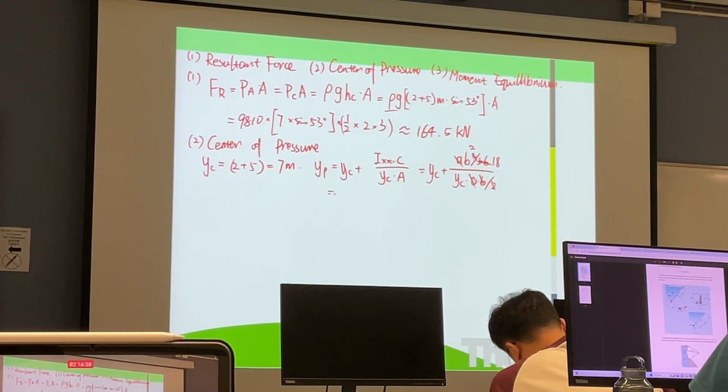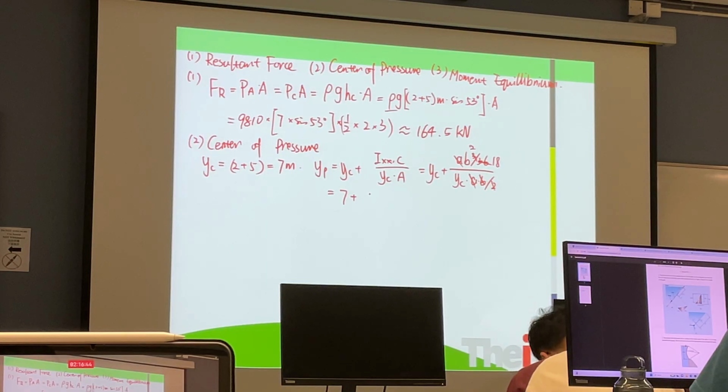So that we can calculate YP as 7 meter plus B squared, where B is totally 3 meter, over 18 times 7. Okay, YC 7 times 18.